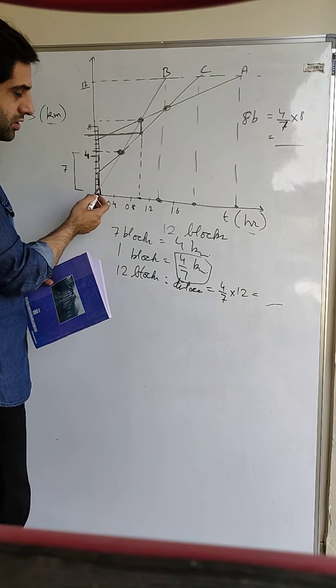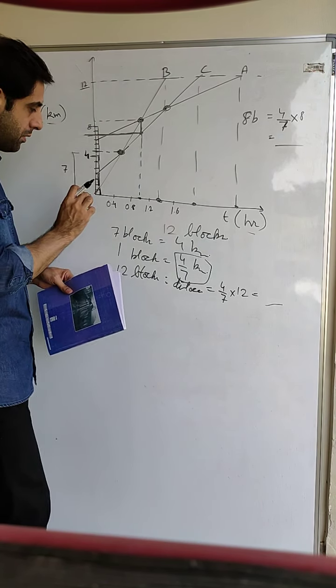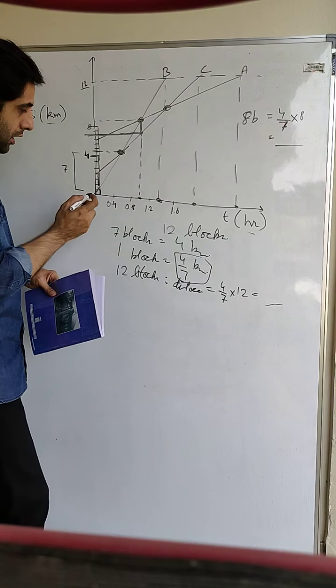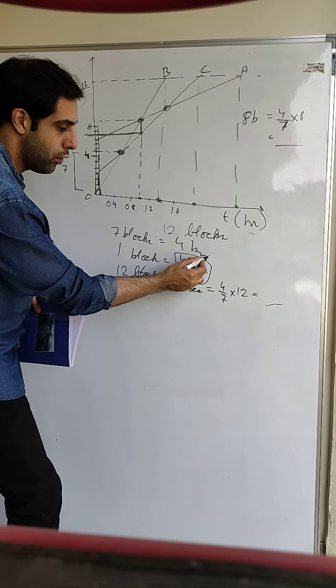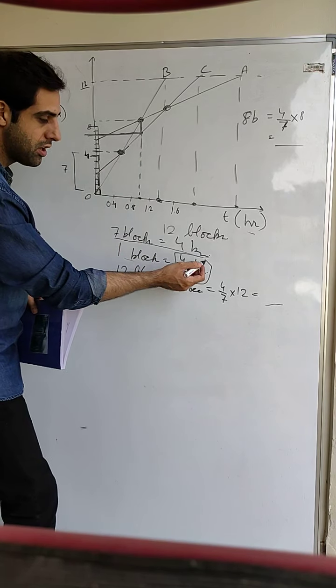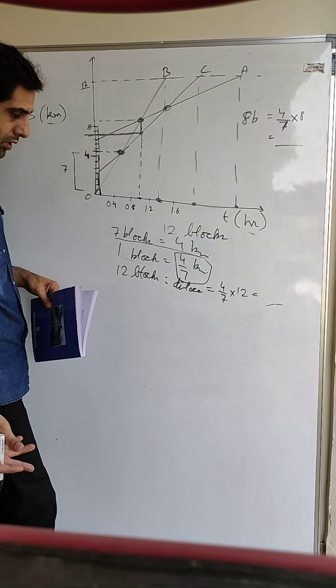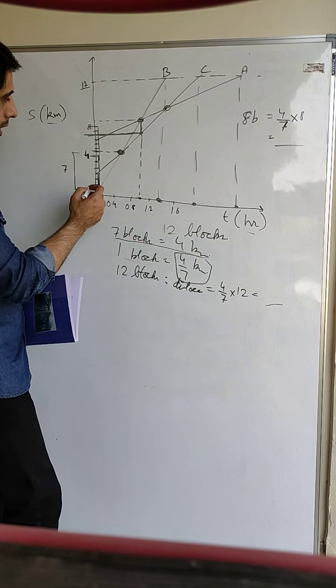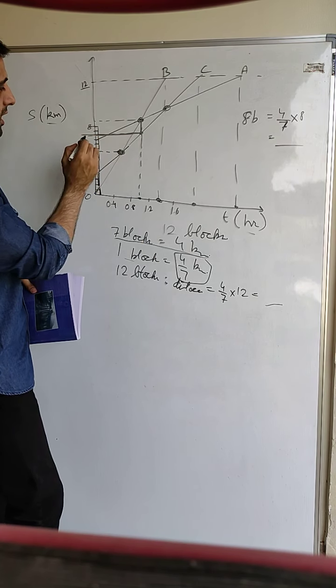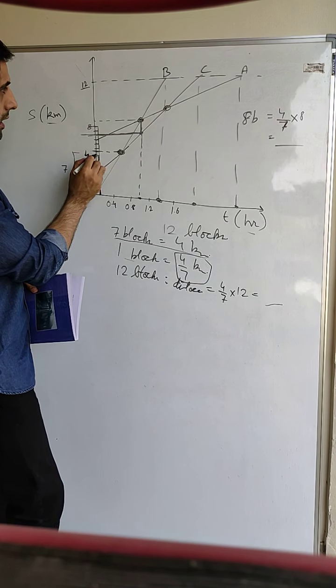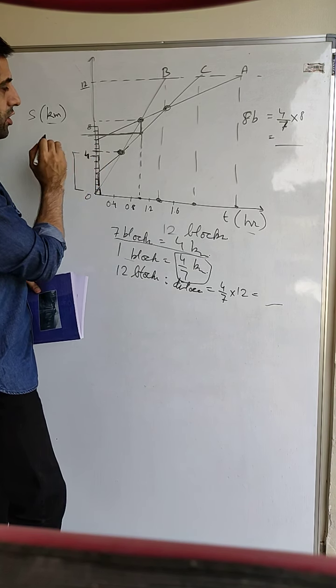So you have to first count the blocks and find out how much distance is equal to one block. So there are 7 blocks till 4. Now if we say that 7 blocks equals to 4 km, that means one block equals to 4 by 7 kilometers. That is pretty simple to understand. Now at this point the body has covered 7, 8, 9, 10, 11 and 12 blocks.